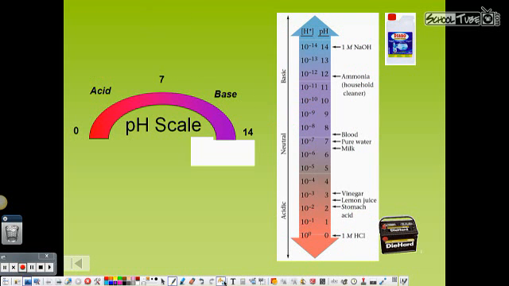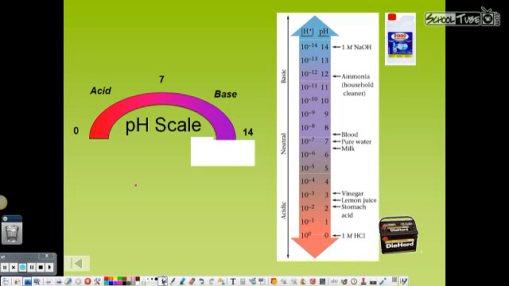I also think this next graphic is good. Is it always going to be negative 14? Well, if you multiply those two concentrations, it doesn't matter what they are.